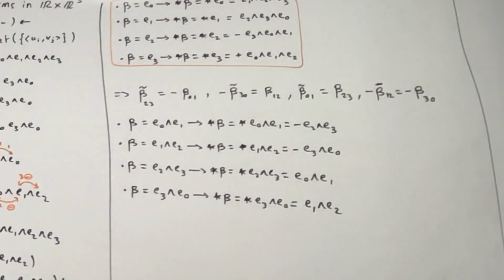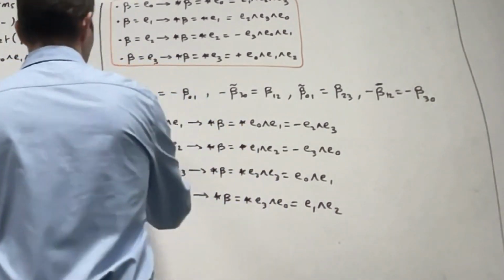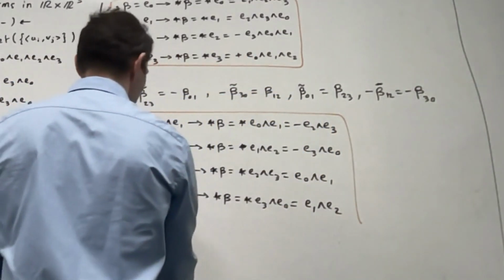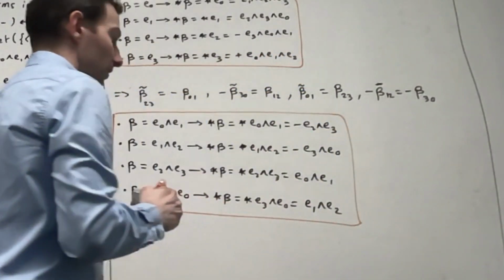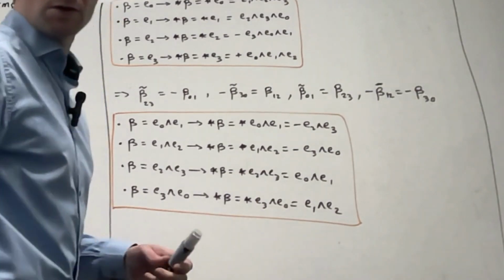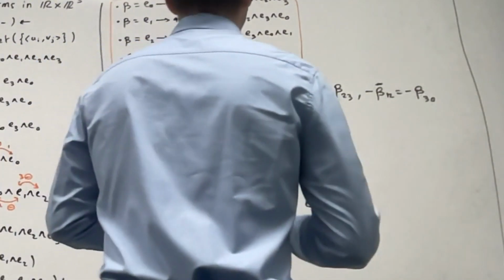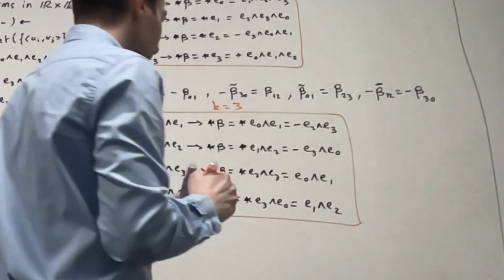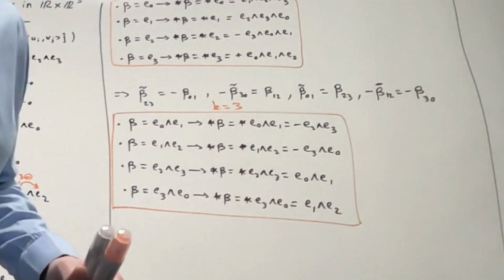Okay, so that's the second set of possibilities that we are given, and that's for the case k is equal to 2, sorry.